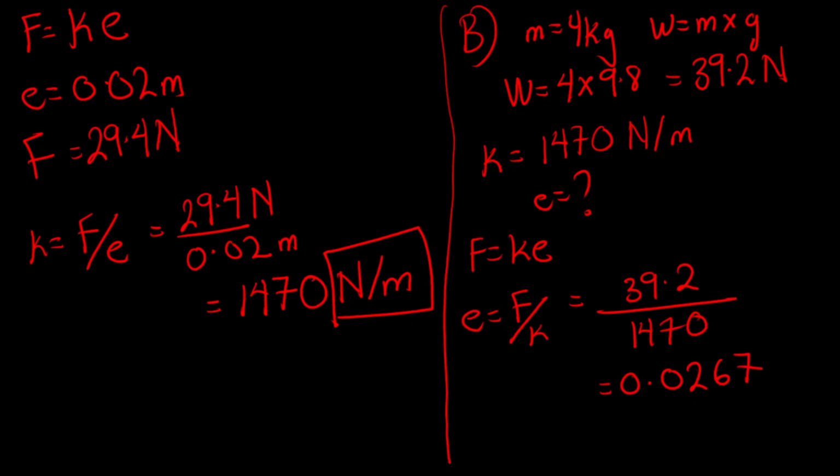0.0267. I just put everything in at least three significant figures. So 0.0267 meters, or you can put it in two, it depends, 0.027 meters. So you can see the higher the mass, or the higher the weight, the higher the extension.